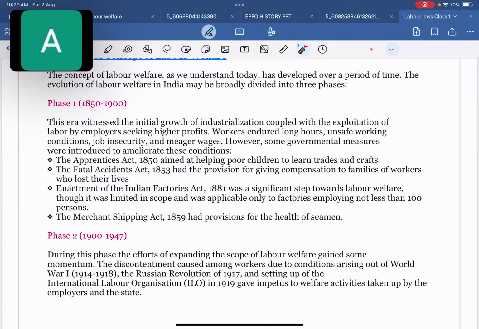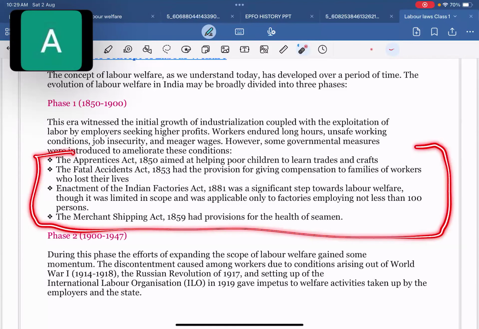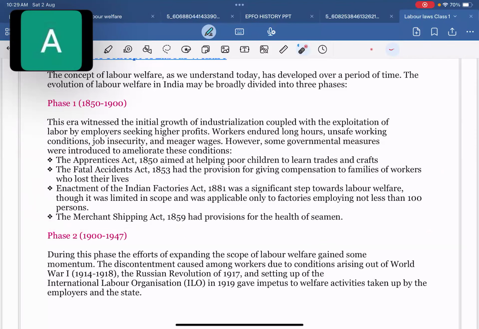The Apprentice Act 1850, the Fatal Accident Act 1853, the Merchant Shipping Act 1859, and the enactment of the Indian Factories Act 1881. These are cases from ancient time. There is very little chance that a question can be asked from them. But I have kept it in brief so that you should at least know what each act is aimed for.